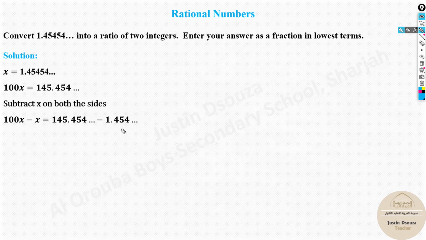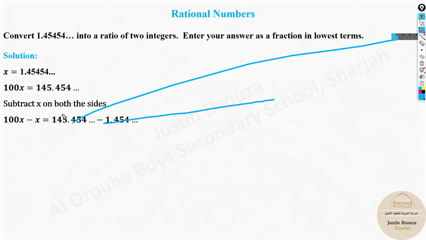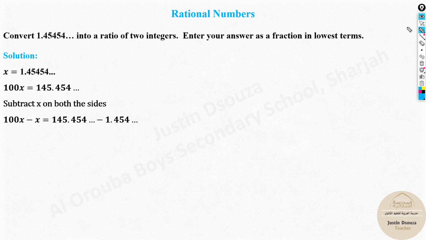See, now this is very useful because this entirely takes out the recurring term and it reduces by 1. It will be 144. So this recurring part is reduced. It's gone because you're subtracting x on both sides. So over here we will get 99x, and over here this recurring part is all cancelled off, and 145 minus 1 is 144. Now they have told us to write in terms of fractions.